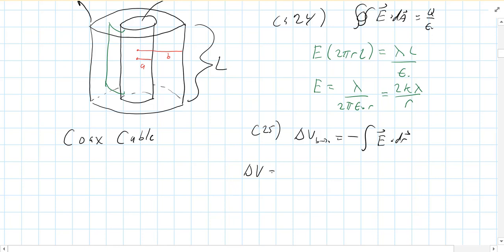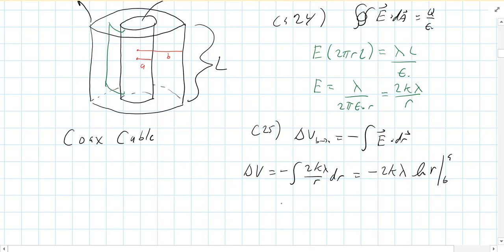You get negative the integral of 2k lambda over r dr. The negative 2, the k and the lambda are all constants, so you're integrating dr over r, which is simply natural log of r, evaluated from B to A.